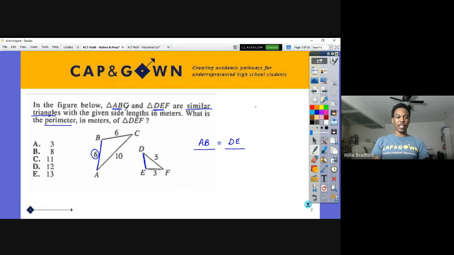And let's pick another side. Let's say AC. Here's where A and C are. So I need to stay in the same order. That means I'm going to look at DF. So AC is 10. DF is 5. I'm going to say AC to DF.